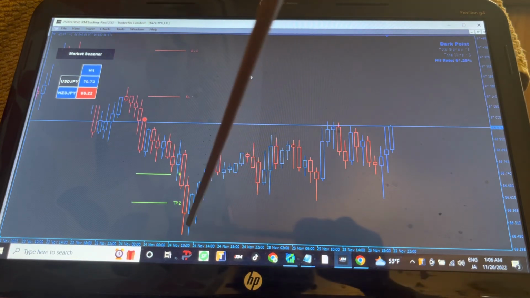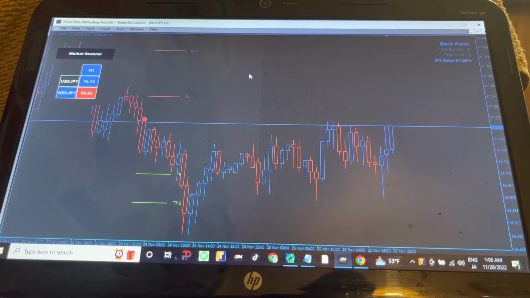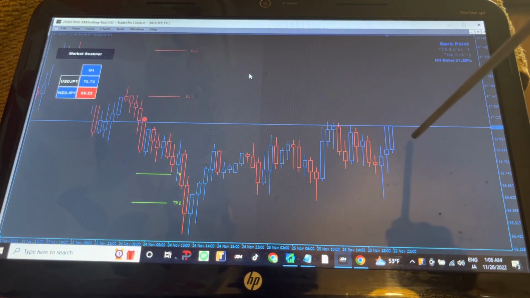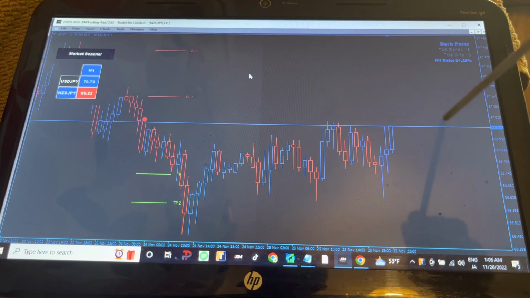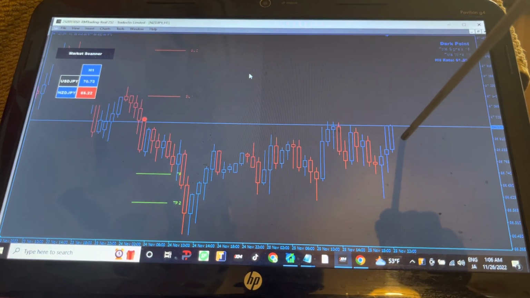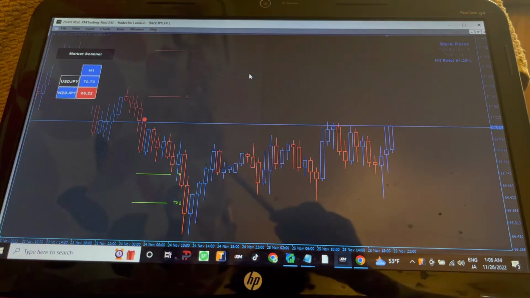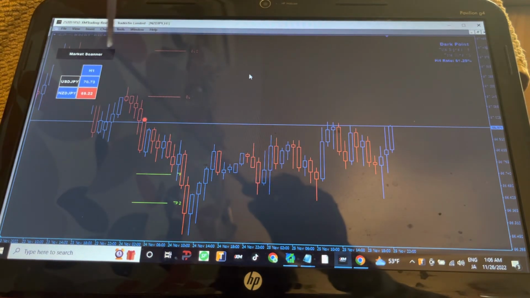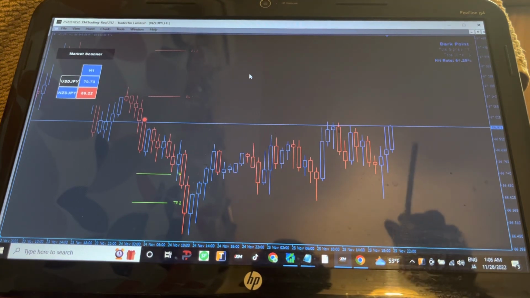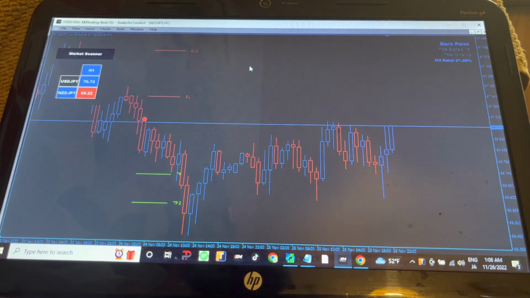This is why I'm waiting on the NZD JPY for next week, and I'm going to dive in when my indicator tells me to get in. Then I will get in, and my exit is going to be up here, around 87.370, which is the highest of the week right here.